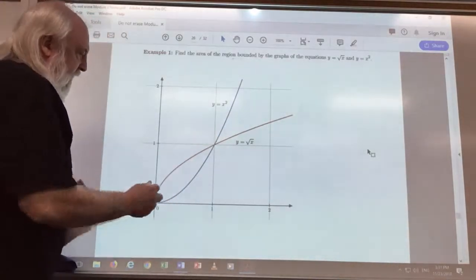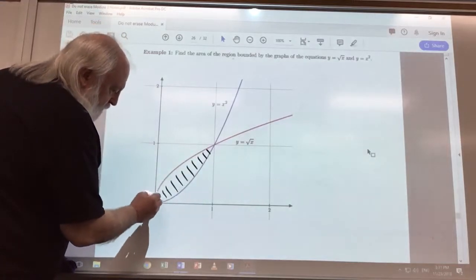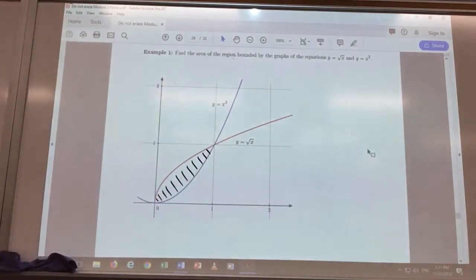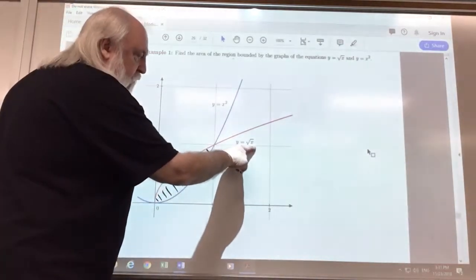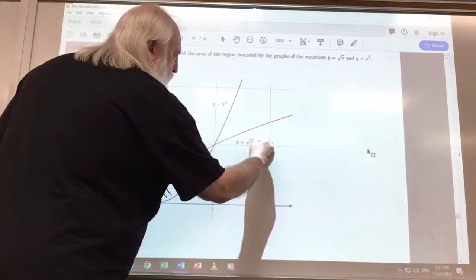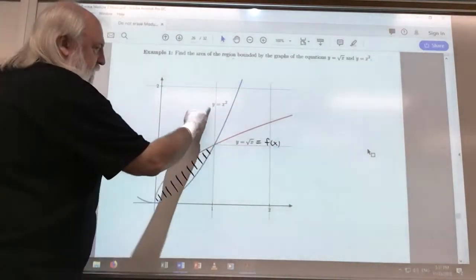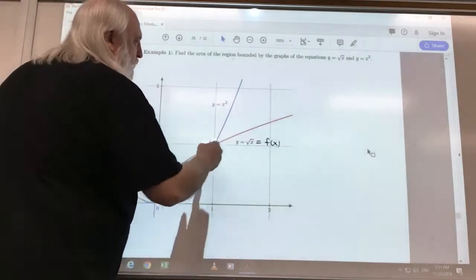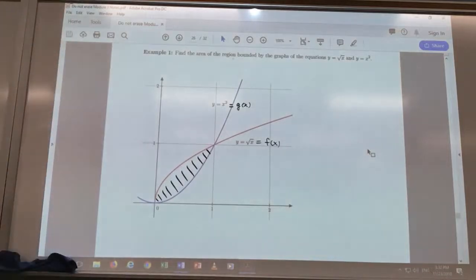We're interested in the area shaded in black here, sandwiched between these two functions. The top function is y equals square root of x. If you want to, we can label that f of x. And the bottom function here is y equals x squared. If you want to, we can label that g of x.